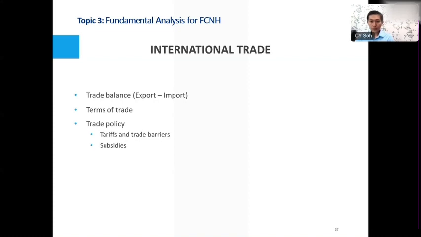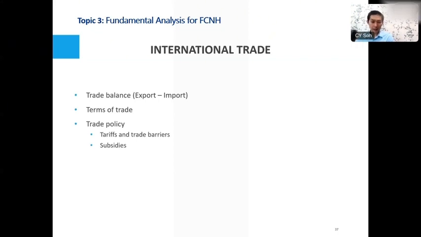The terms of trade actually refers to the ratio at which a country exchanges its exports for imports. And the trade policy is, for example, the rules and regulations that the government adopts to manage international trade, whether they want to increase their import and export tax by tariff, whether they are going to impose a quota on how much they would allow import or export of particular products.